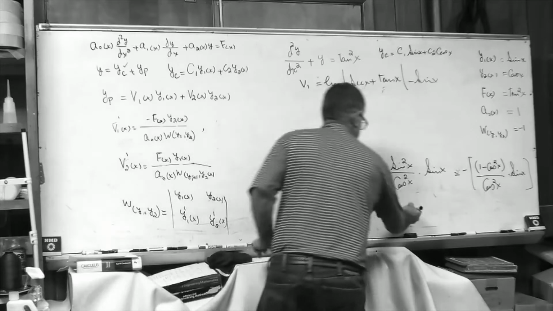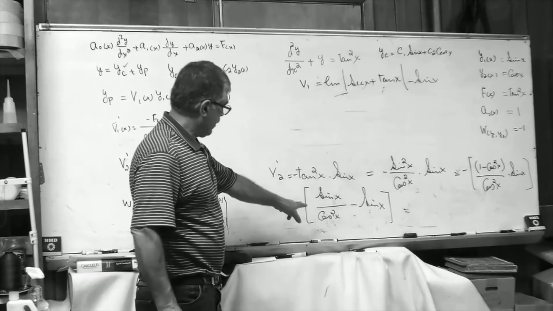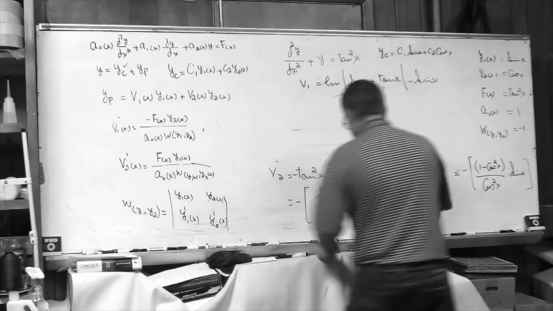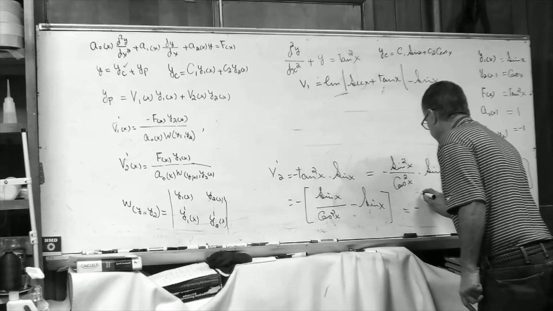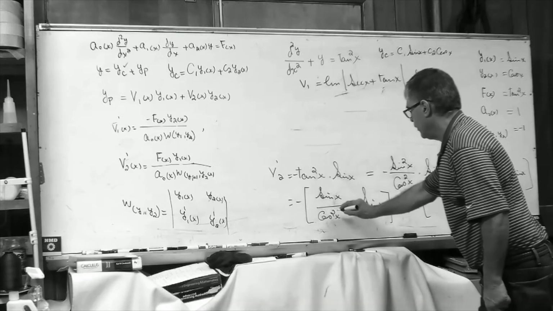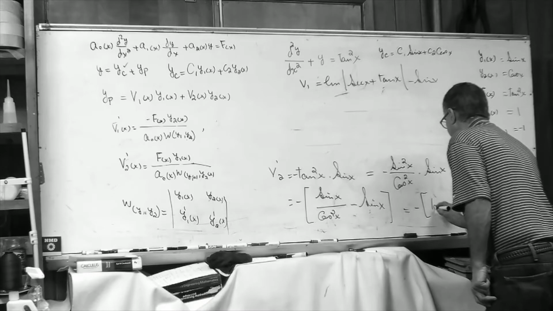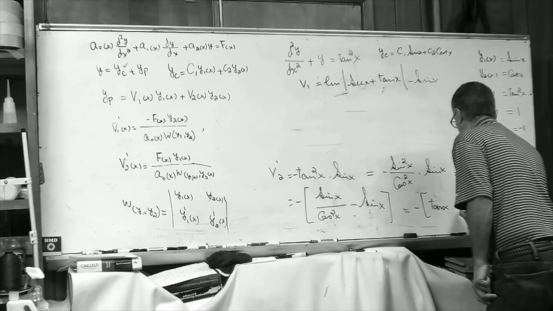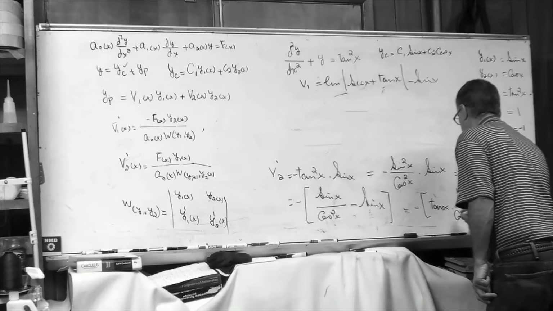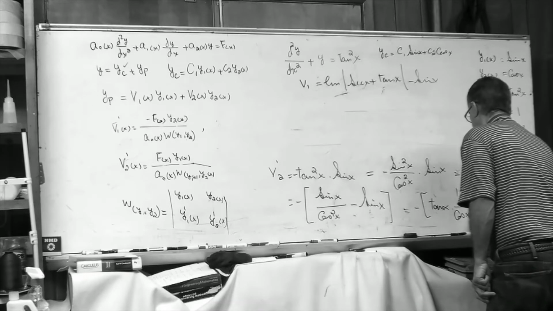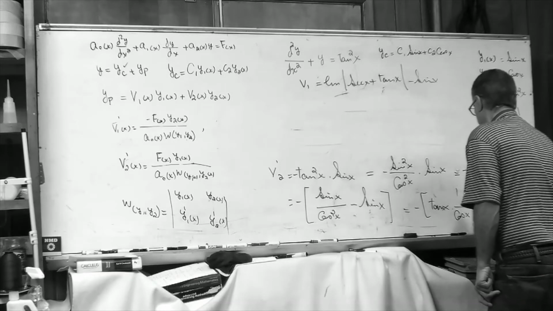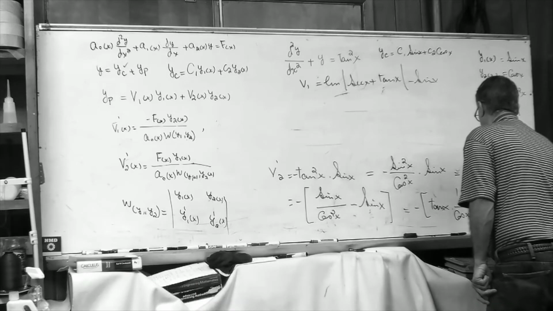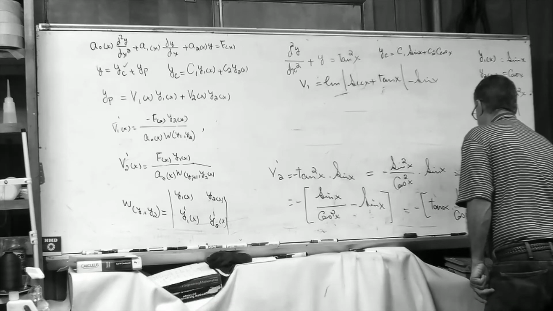So we can simplify this a little bit more, and we can write this as minus tangent of x multiplied by 1 over cosine of x minus sine of x.